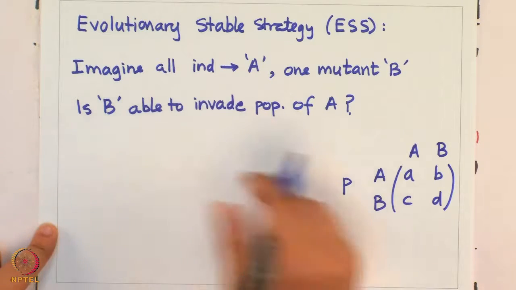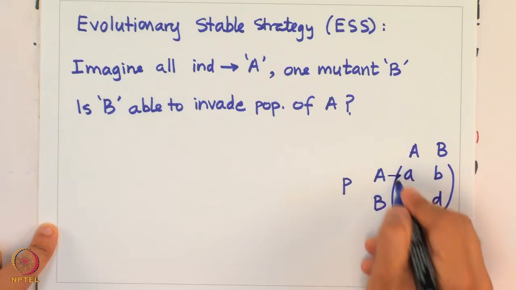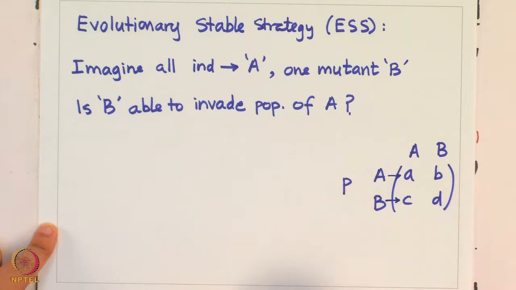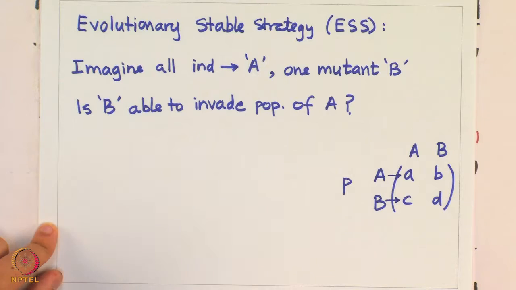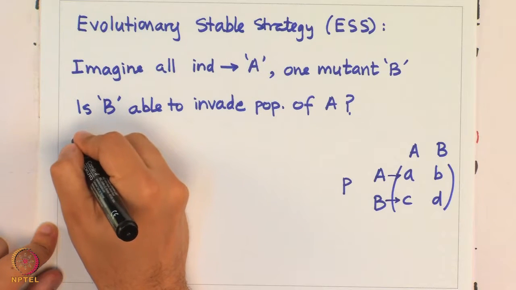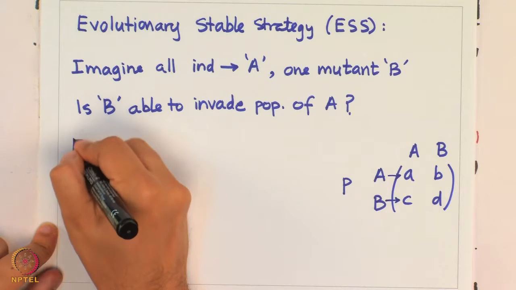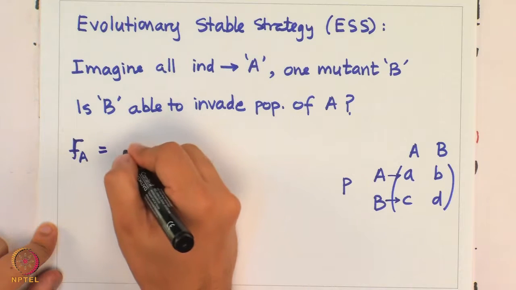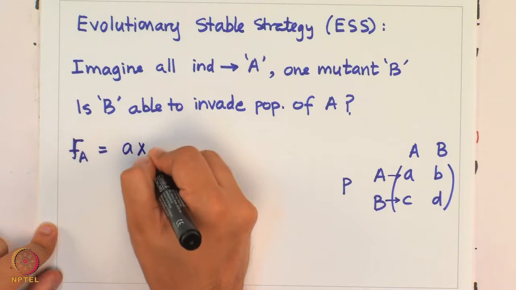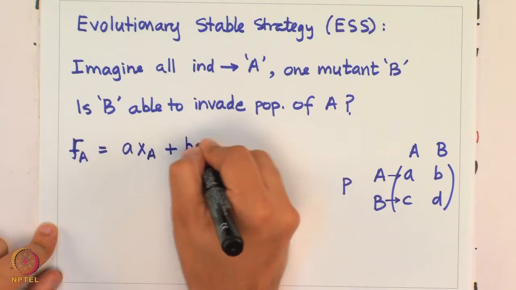So all individuals are of type capital A, and now we have one B type individual. So when this B type individual is introduced, what is the fitness of A type individual? What is FA? FA is just going to be equal to A times XA plus B times XB.